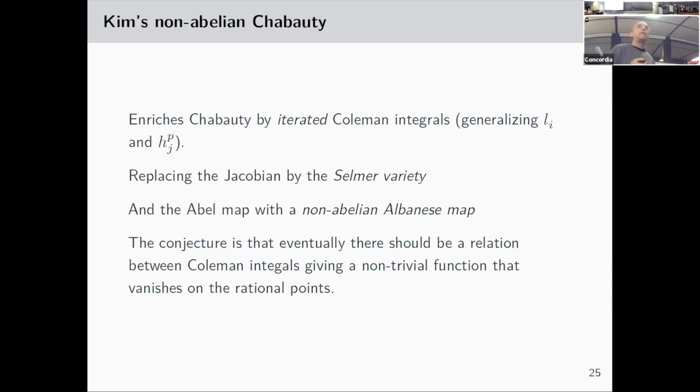For example, computing height pairings on the Jacobian and things like that. So then in the more general case, it's far less clear, but at least based on standard conjectures, Kim shows that this will somehow always work.